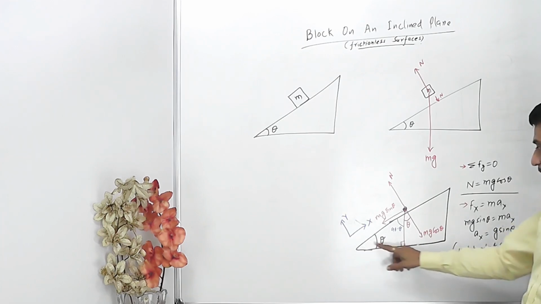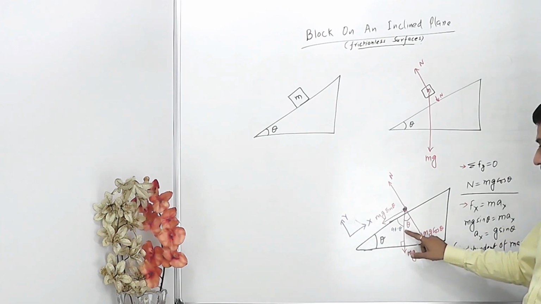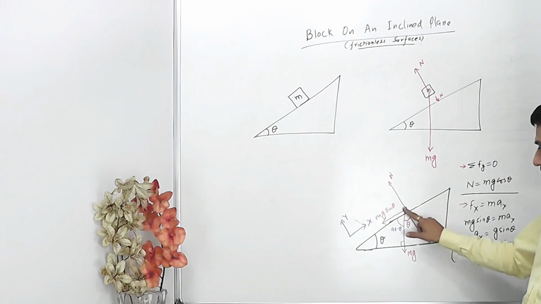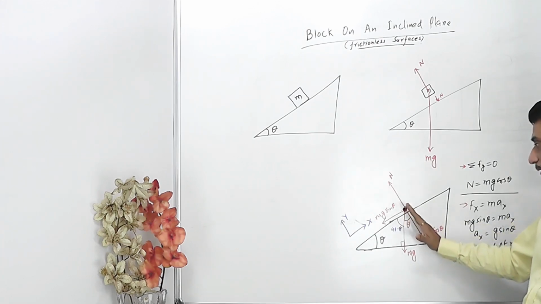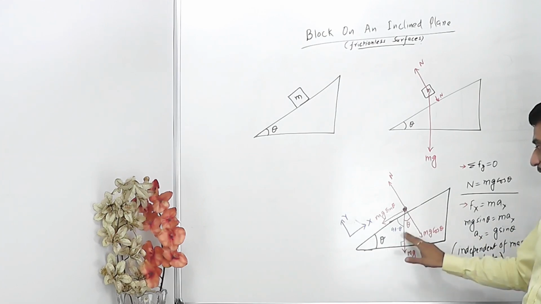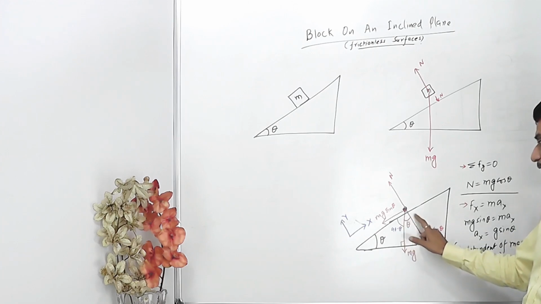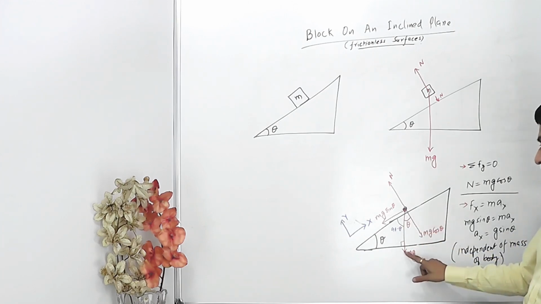Perpendicular to this line is this line, and perpendicular to this is this, at an angle of 90 degrees. So whatsoever is the angle between these two, the same angle has to be between these two. So this is mg cos theta, and this is mg sin theta.